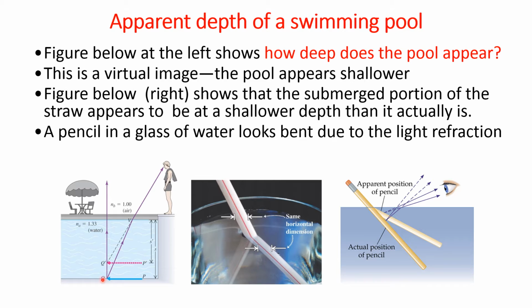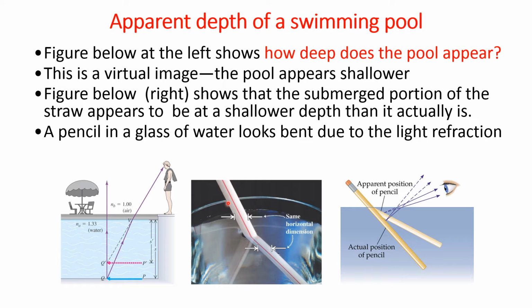If the body in water is at this position, then the light will leave this body and strike the surface of separation of water and air, and then the light will change direction according to the law of refraction. The observer positioned here will think that she or he is seeing the object along a straight line and thinks that the object is shallower.